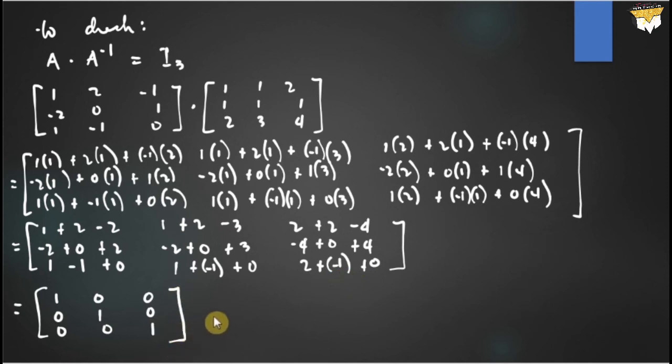So, we arrived at the identity matrix. Therefore, the inverse that we got of matrix A is correct. So, the inverse of matrix A that we got is 1, 1, 2, 1, 1, 1, and 2, 3, 4. So, this is already the inverse of matrix A.